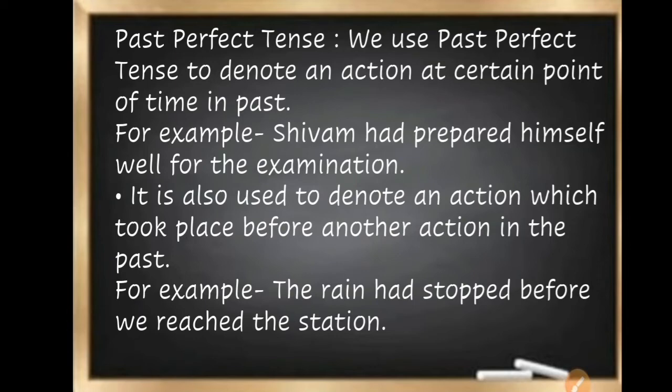So the action is complete at a perfect time in past. It is also used to denote an action which took place before another action in the past. For example, the rain had stopped before we reached the station. So first action was rain had stopped, and second action we reached the station.